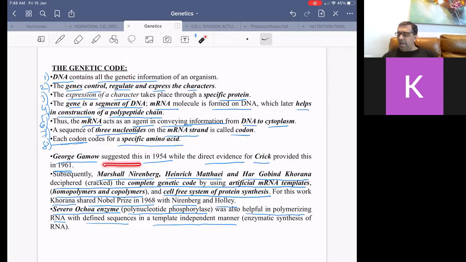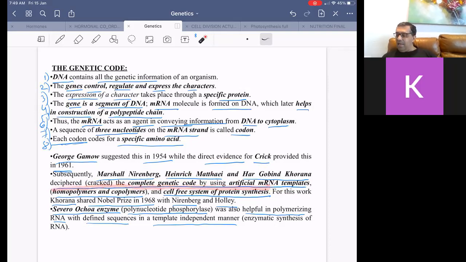This was suggested in 1954 by George Gamow. Gamow suggested the genetic code while direct evidence was given by Crick in 1961. So who suggested the genetic code? George Gamow. Who gave direct evidence for the code in 1961? Crick. And then Marshall Nirenberg, Heinrich Matthaei, and our very own Indian scientist, Dr. Hargobind Khorana, deciphered or cracked the complete genetic code.